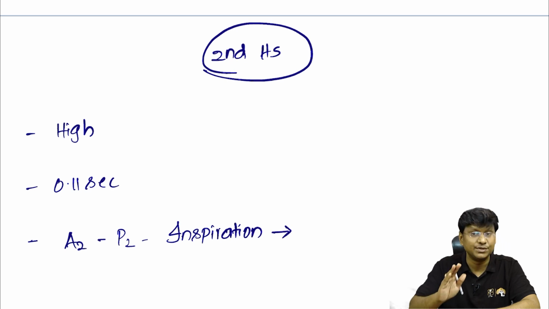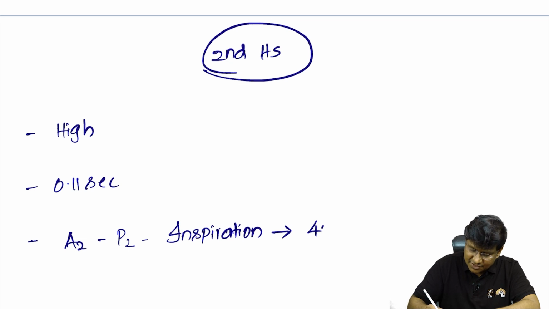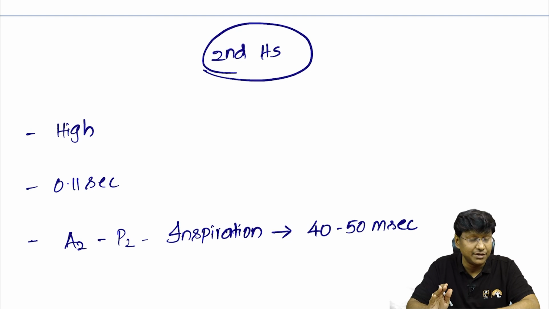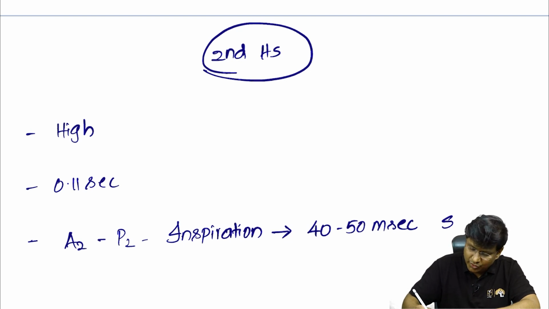During inspiration you have the presence of the physiological split between A2 and P2, and that split is heard because the gap between A2 and P2 is 40 to 50 milliseconds. Thereby you will be able to hear the physiological split.